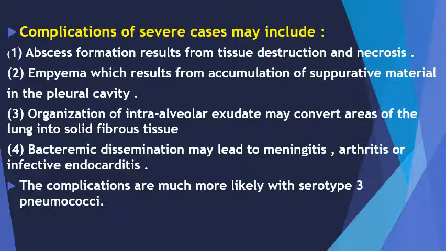The complications of severe cases may include, especially in immune-compromised patients, those who have heart disease, lung disease, chronic obstructive COPD, asthmatic patients, HIV and AIDS patients, immune suppressive therapy, cancer patients who receive chemotherapy.